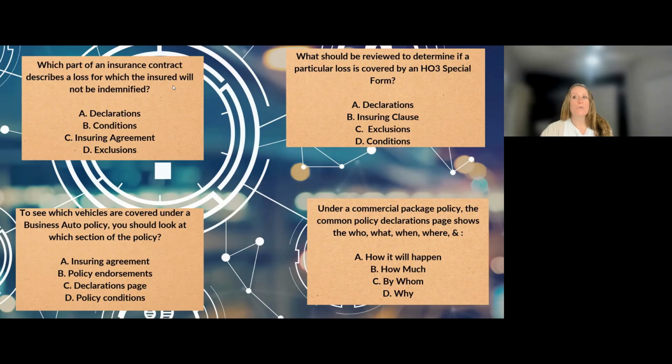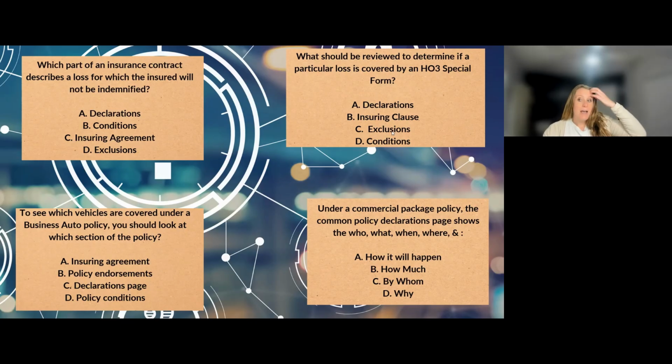Next one here says, what should be reviewed to determine if a particular loss is covered by an HO3 special form? So this one here, this is going to be C, exclusions. So this one here, you want to look out for the fact that it's an HO3 policy. We know with an HO3, that's an open peril, right, or a special peril policy.